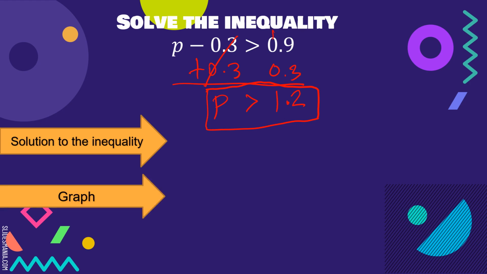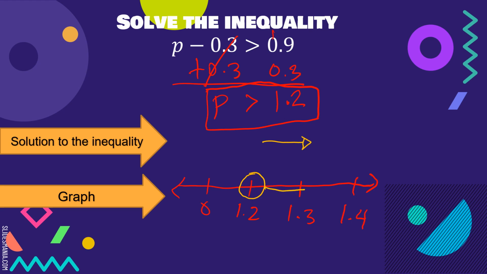The next thing to do is we are going to sketch the graph. So we have here 0, we have here 1.2, the next would be 1.3, the next would be 1.4. Our point of interest is 1.2, and this is hollow because we don't have greater than or equal to, and our inequality points to the right.